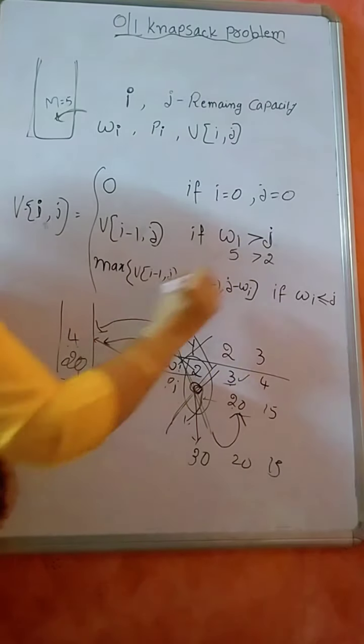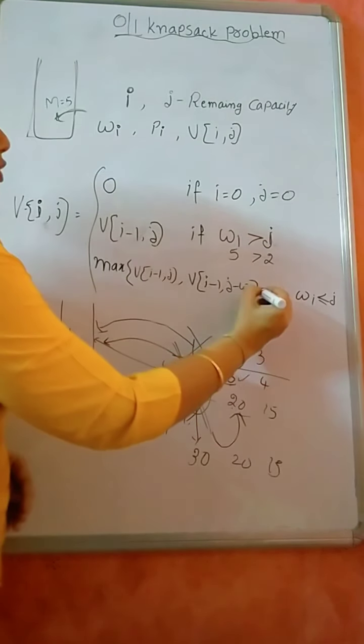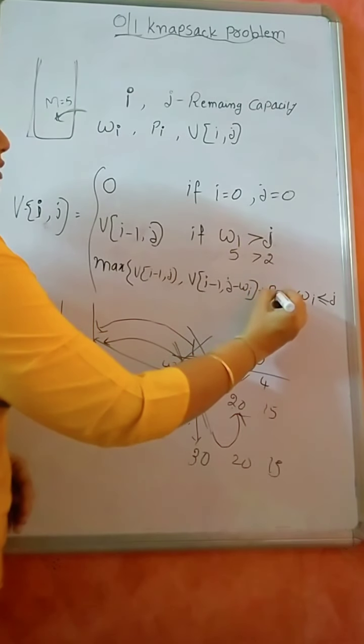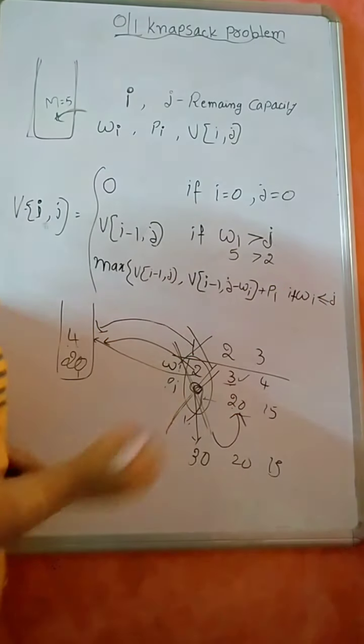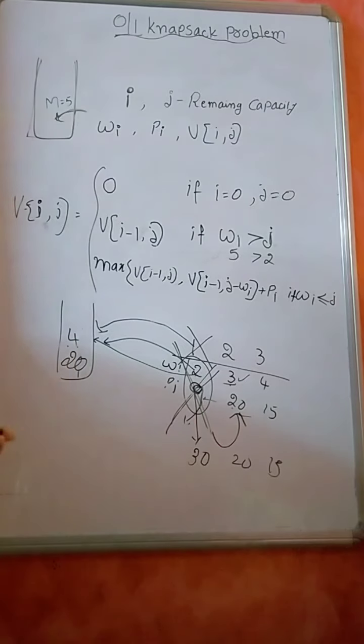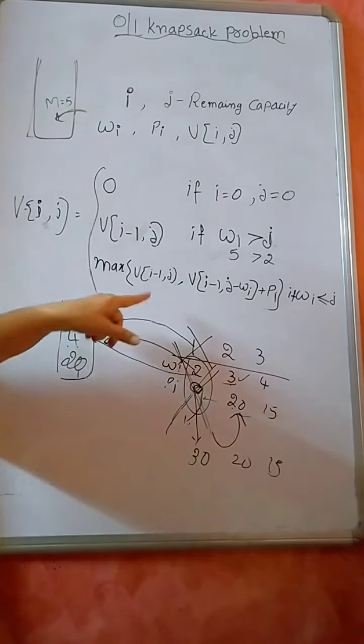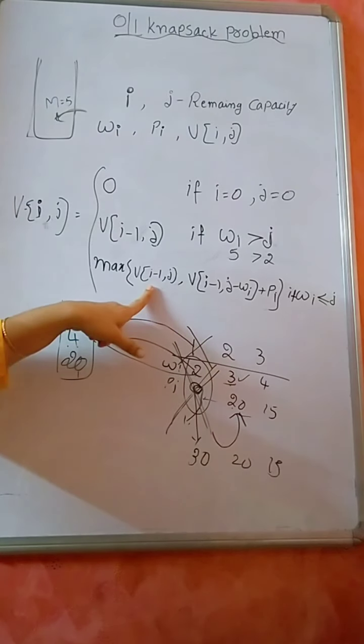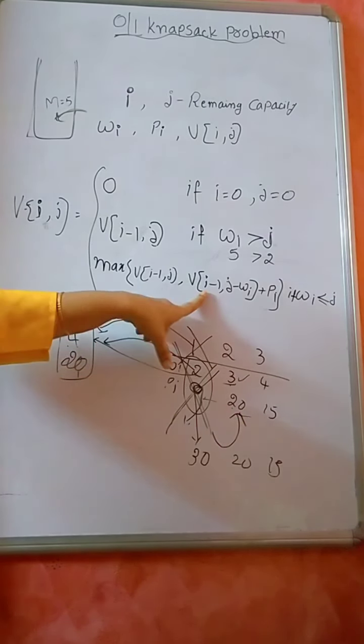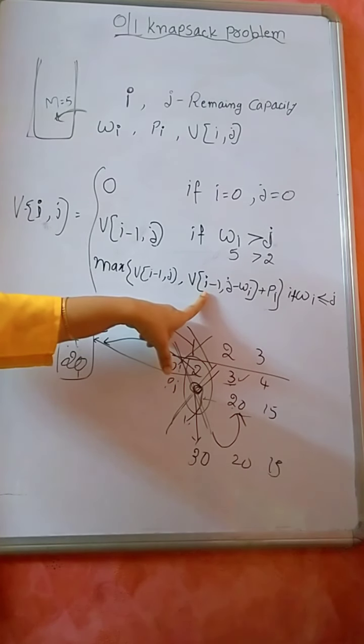And the profit of selecting this object is Pi. If Wi is less than or equal to this, what are you doing here? Two options. One, I may reject the object. If I am rejecting the object, it is the previous profit. The other thing is, I may select the object.